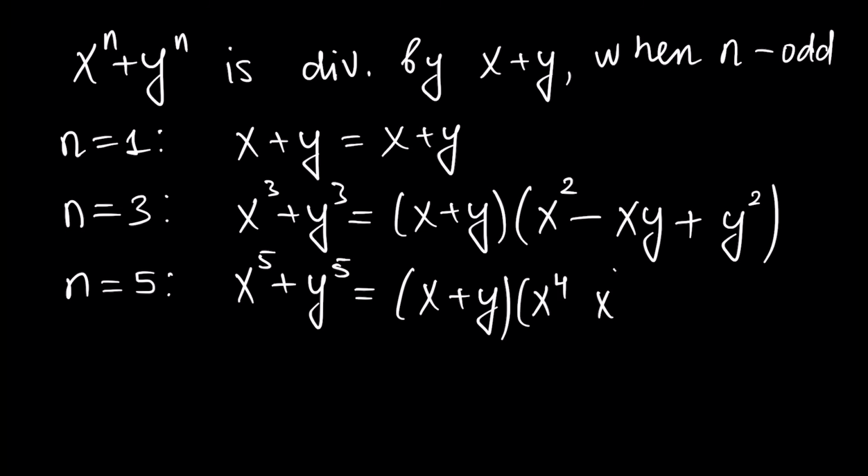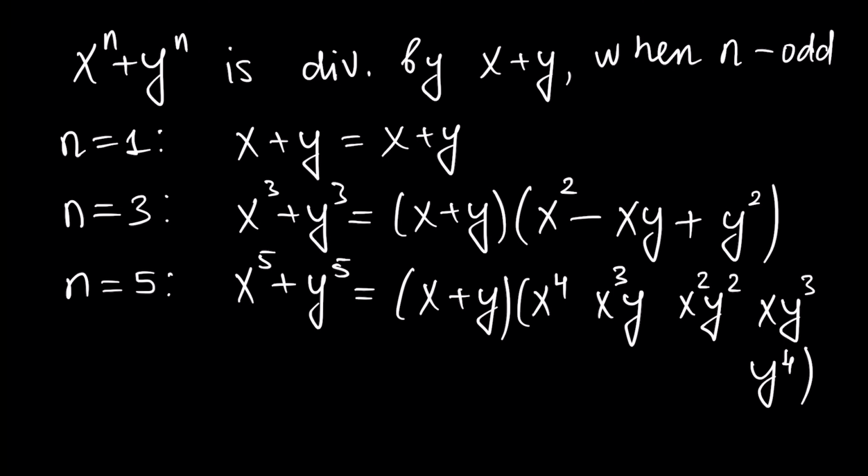Next we write x to the power 3 y, x to the power 2 y squared, x y to the power 3, and the last one is y to the power 4. We write minus, plus, minus, and plus. So these were formulas for n equal to 1, 3, and 5.